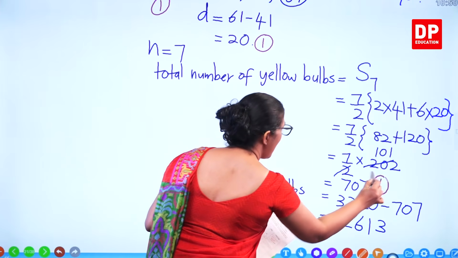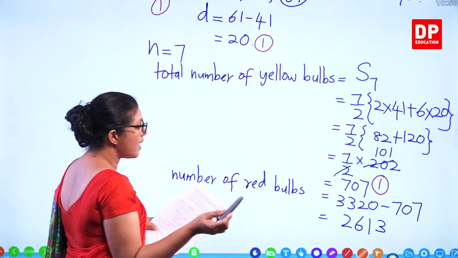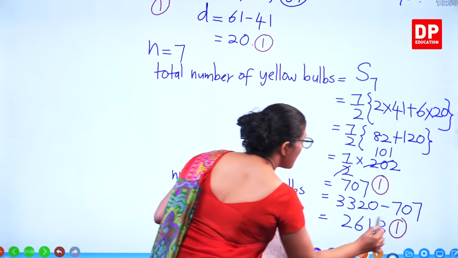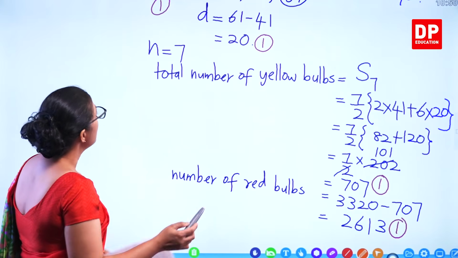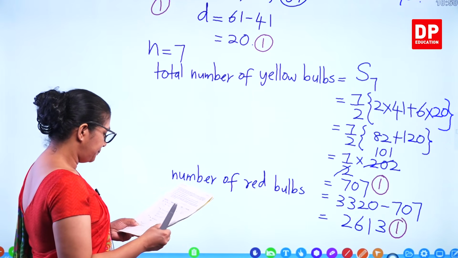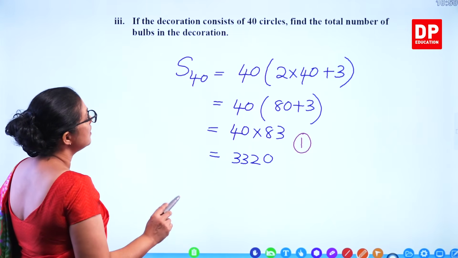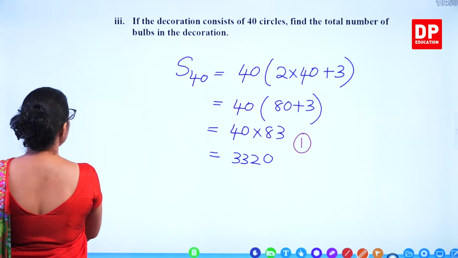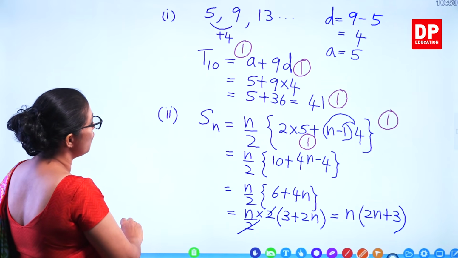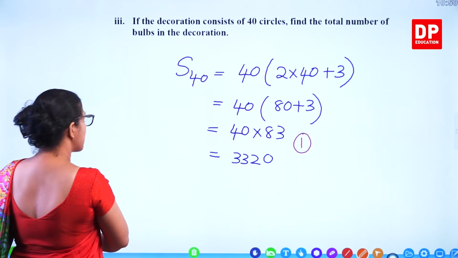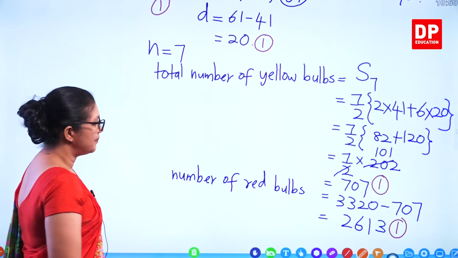Subtracting from the total and getting 2,613 red bulbs is 1 mark. So 4 marks for this step. You got 1 mark earlier, and here 6 and 4, 10 altogether.